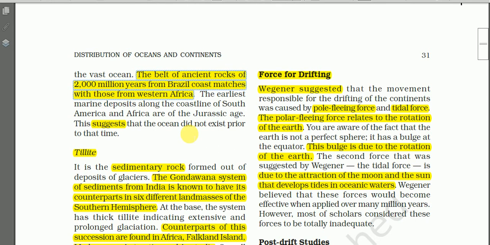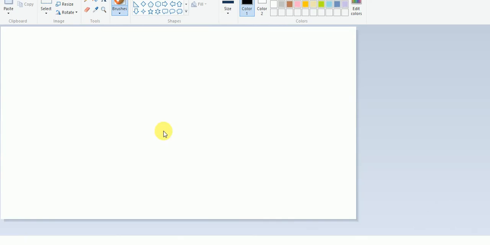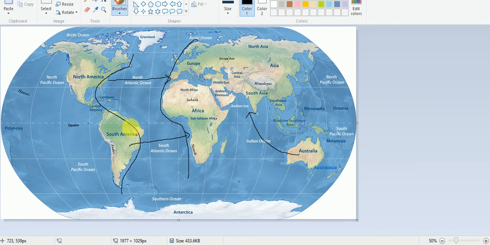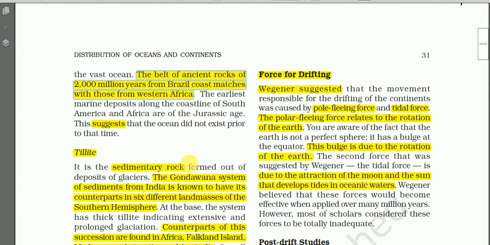See here, the rocks found here and the rocks found here remain the same. Here 2000 million year old rocks are found, and here also 2000 million year old rocks are found.